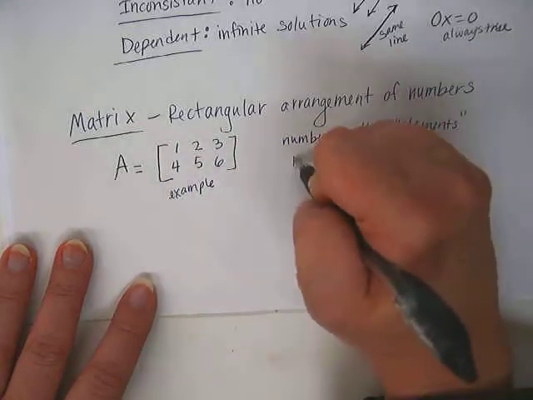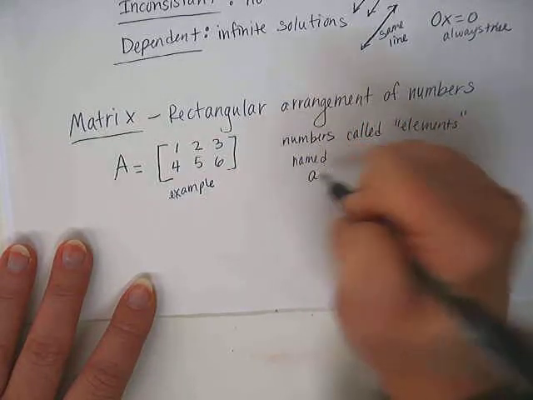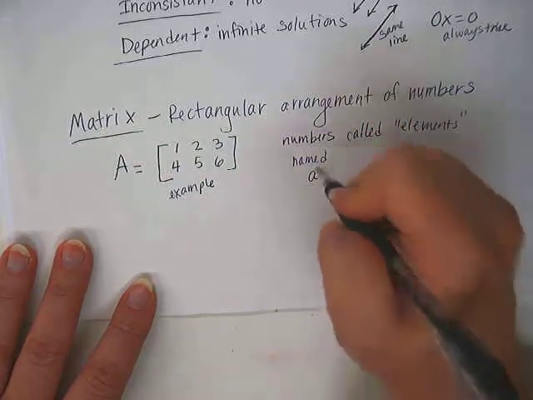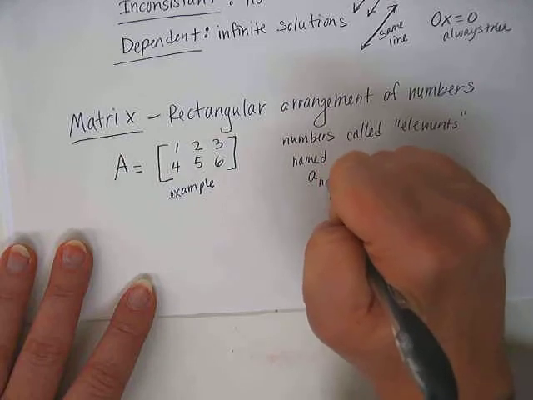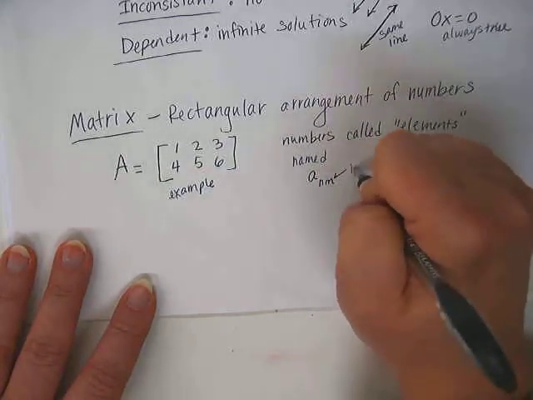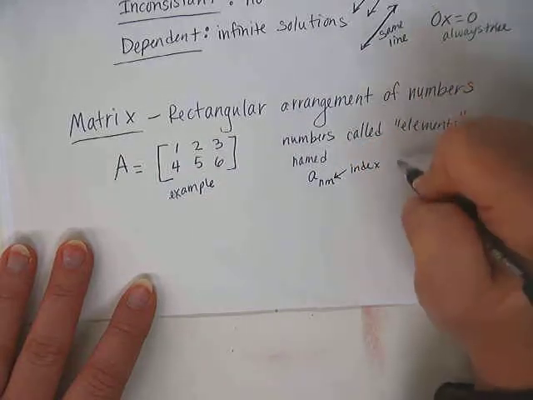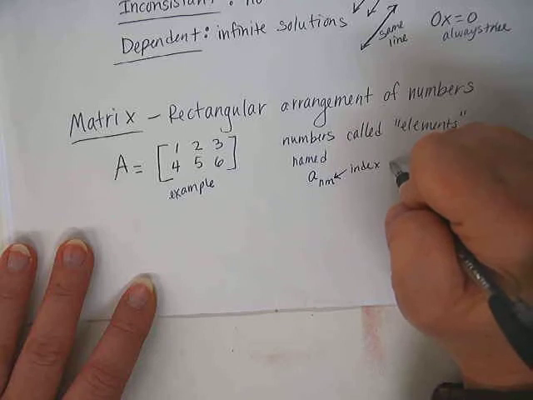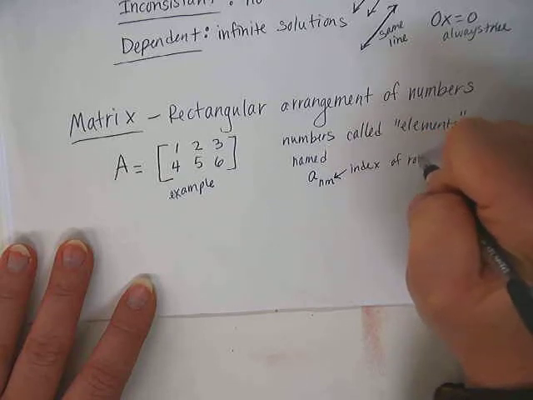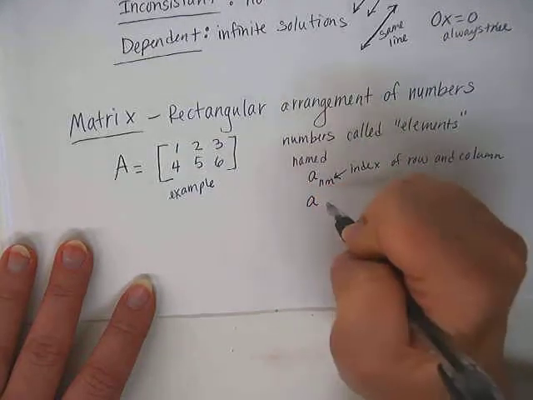Since this is matrix A, the individual elements can be named, if we wanted to talk about them, with a little a and then two numbers. And those two numbers are referred to as the index. And the index tells us the row and the column.